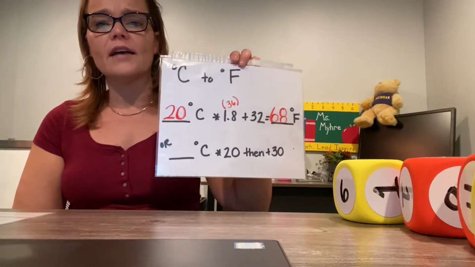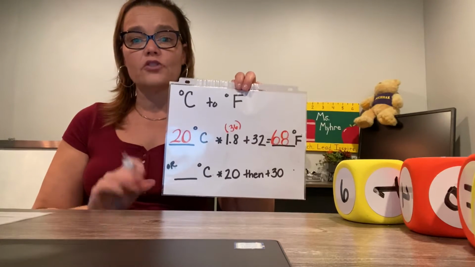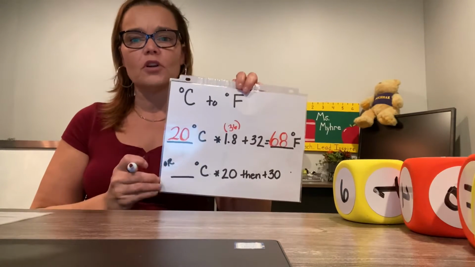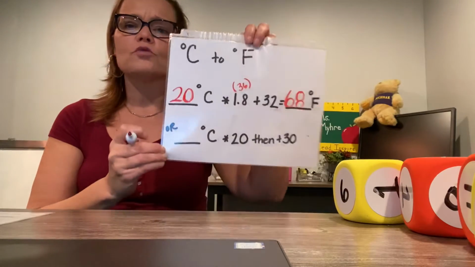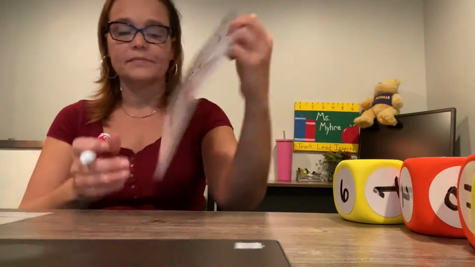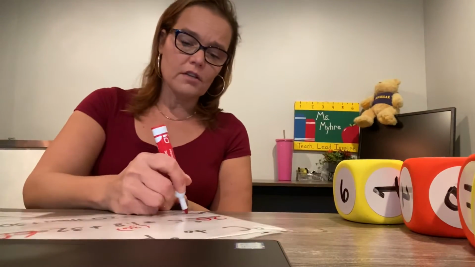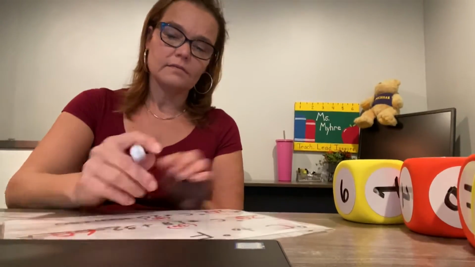Now, there's another way you can quickly do it in your head that may take a lot less time, but you will not get an exact measure. You'll get an about temperature. So we're going to take that same 20 degrees, but we're going to multiply it by 2 and then add 30. So 20 degrees times 2 is 40.